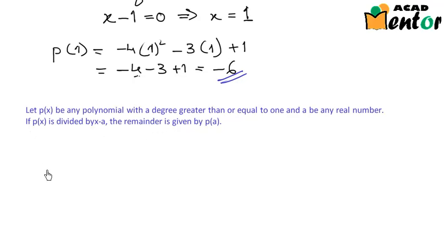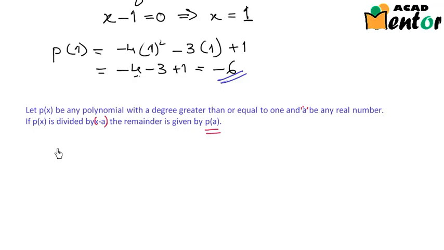It says that if p of x is a polynomial with a degree greater than or equal to 1 and a is any real number, then when p of x is divided by x minus a, the remainder is given by p of a. That is what we just did in the example above here.